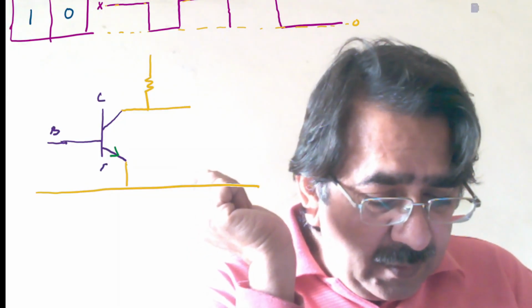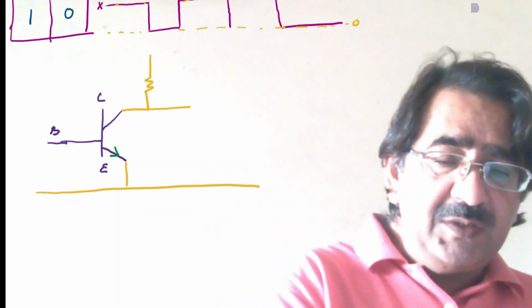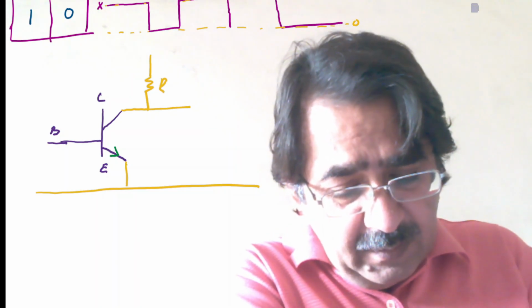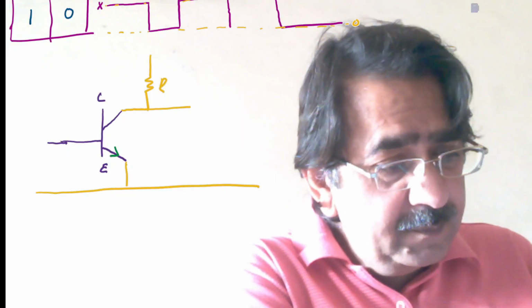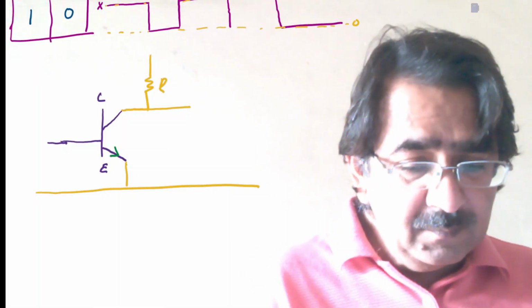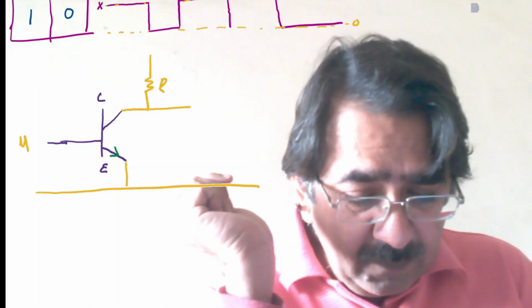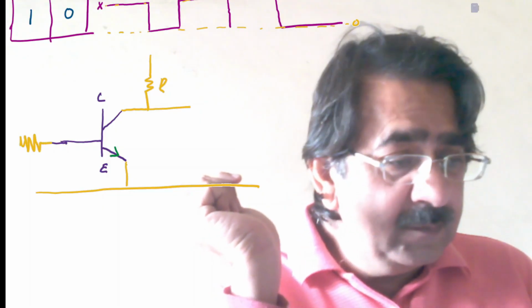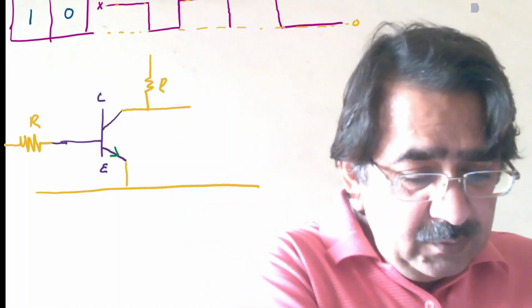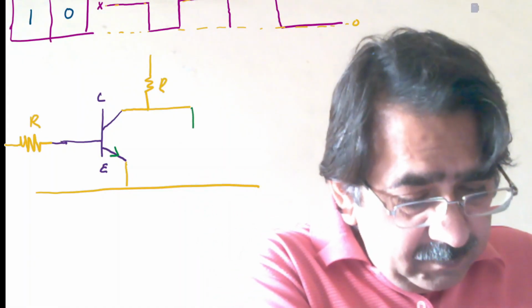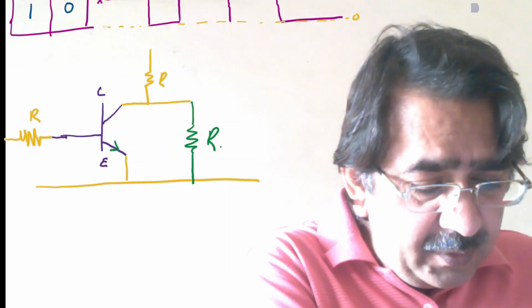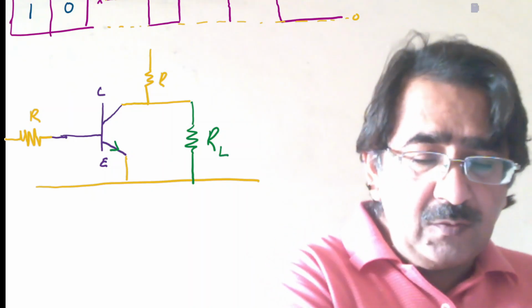This will be the emitter, because this is a common emitter. This is a resistance. You may put a resistance here too. This is the output, or you may say that this is a load resistance. This is our load.